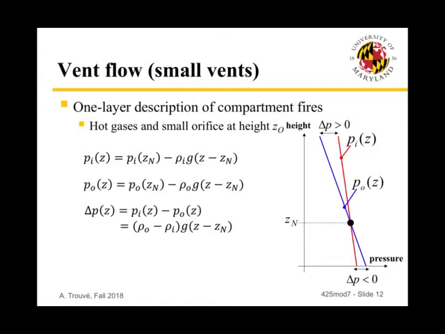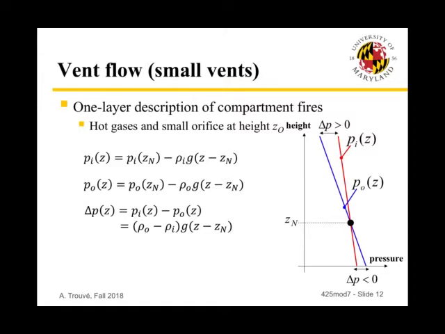And the only difference between these two expressions is that the pressure changes through a delta P that is proportional to rho i inside the fire room, whereas outside of the fire room, the pressure variations are proportional to rho o, the mass density of air outside of the fire room.